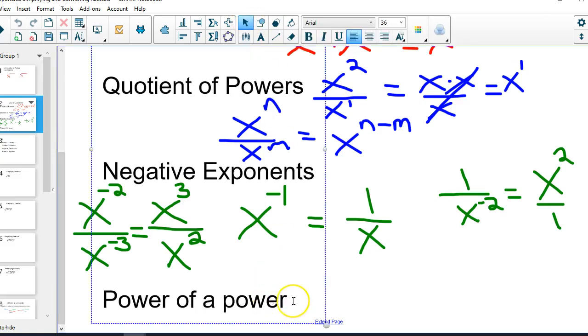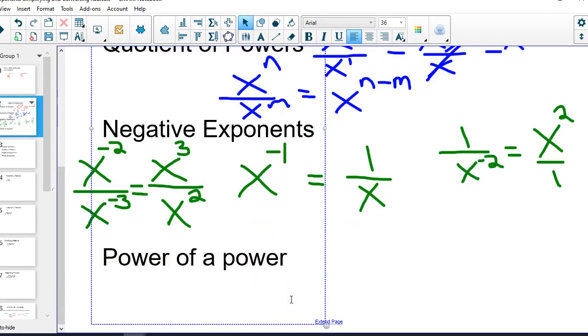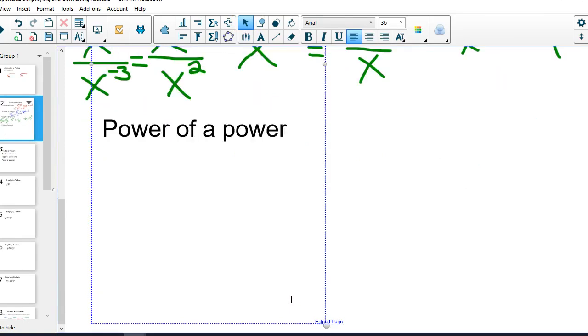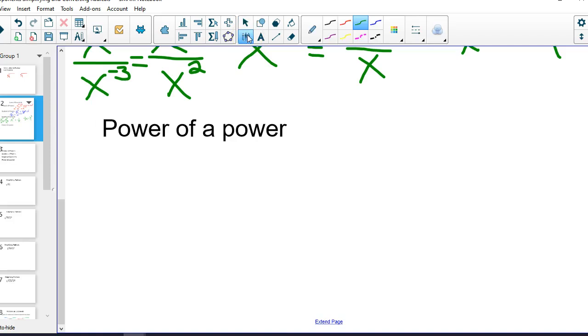Now, let's look at if we raise a power to a power. What I mean by that is, say I have x squared, and then I raise that to the third power. Well, a power is repeated multiplication.